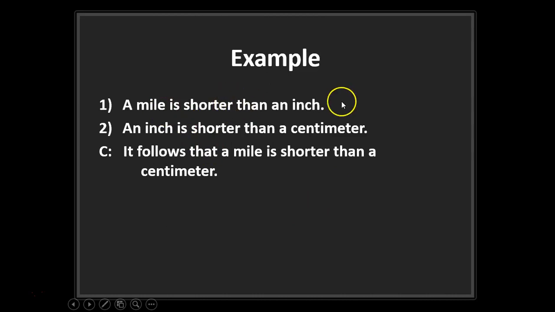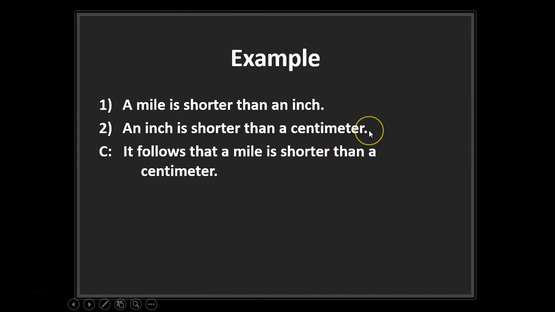Okay. A mile is shorter than an inch, and an inch is shorter than a centimeter, so it follows that a mile is shorter than a centimeter. Again, pretend these are true. I'm sorry that I keep repeating this, but it takes a while to fully get into the groove of these things. Just pretend that a mile is shorter than an inch, and then pretend that an inch is shorter than a centimeter.